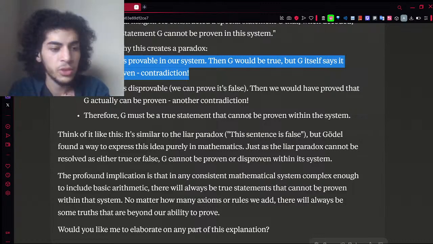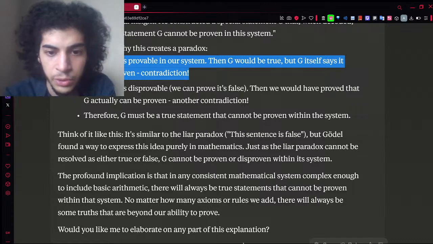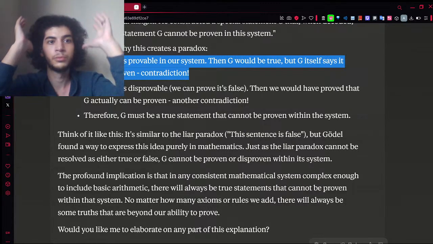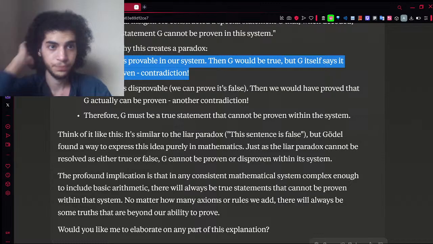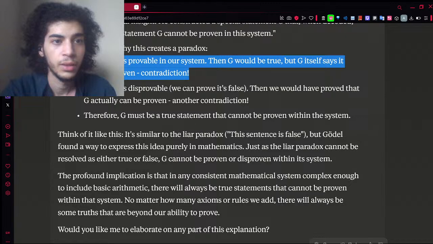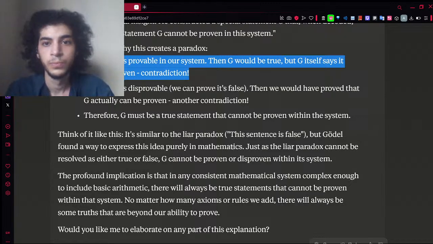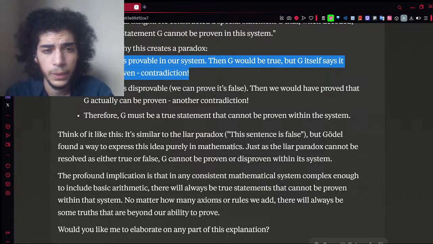So I guess I'm gonna spend the next 30 minutes of the stream trying to understand the incompleteness theorem before moving on to other stuff. Okay. Yeah, it's similar to the liar paradox.